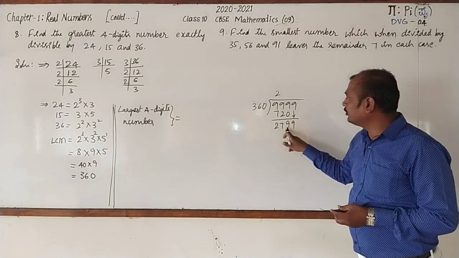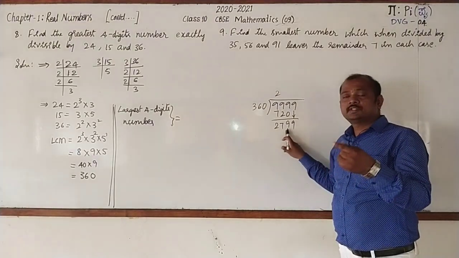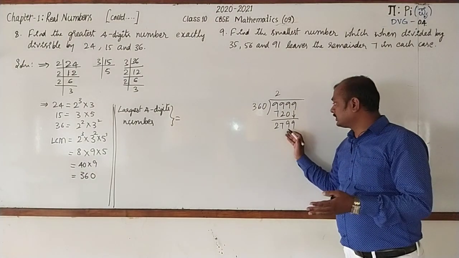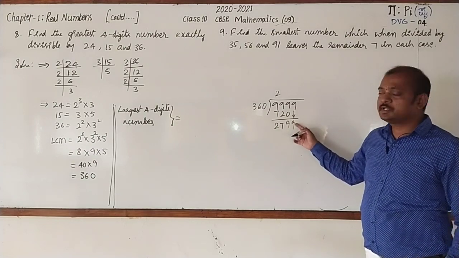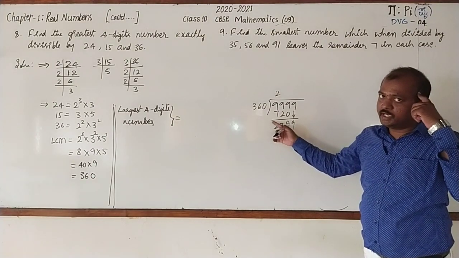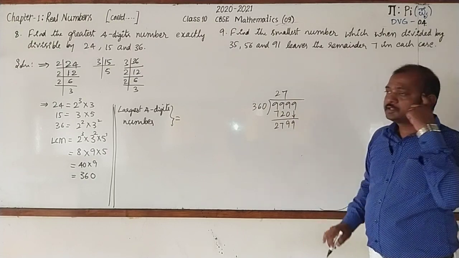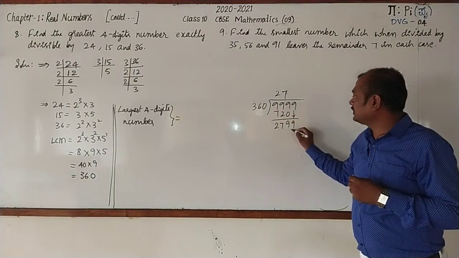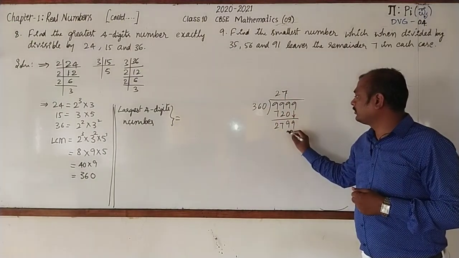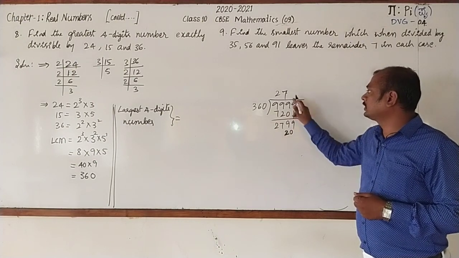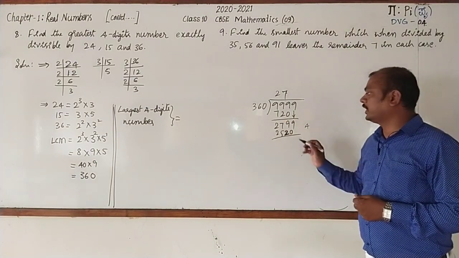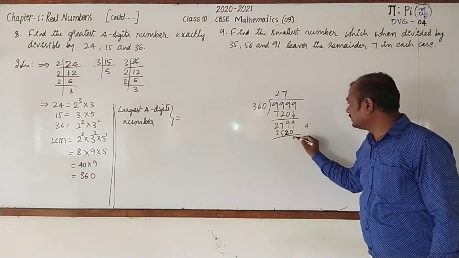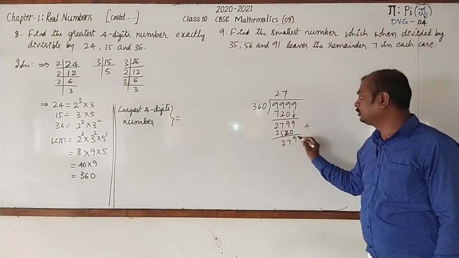Then 360, how much? 360 10s are 3600, but it should be close to this. 9s won't come. 8s won't come. You can go for 7s. 7 zeros are 0, 7 6s are 42, 7 3s are 21, 25. Now it is 9, 7, 2.